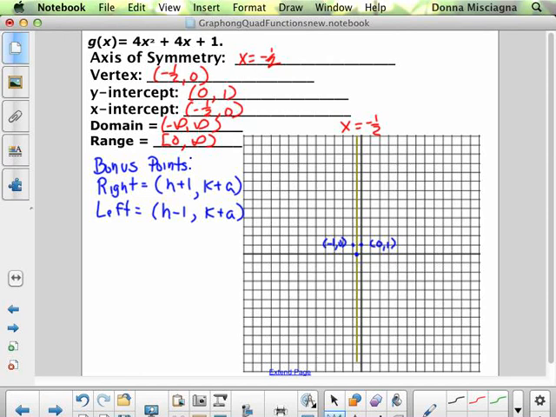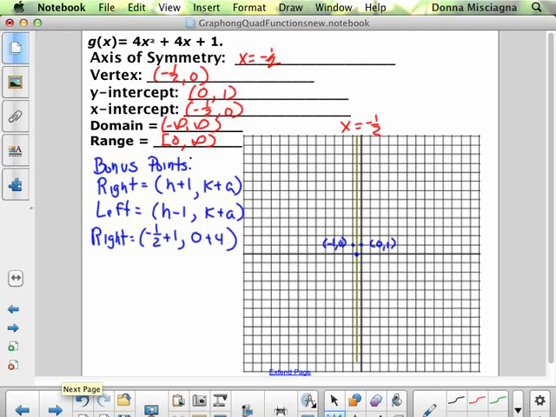And it's actually easier even than plugging in a value. So easy. All right, so here is our right bonus point. Our h is negative 1/2 plus 1. Our k is 0, and a is 4. So that very first time when we increase 1 to the right, we're going to go up 4.